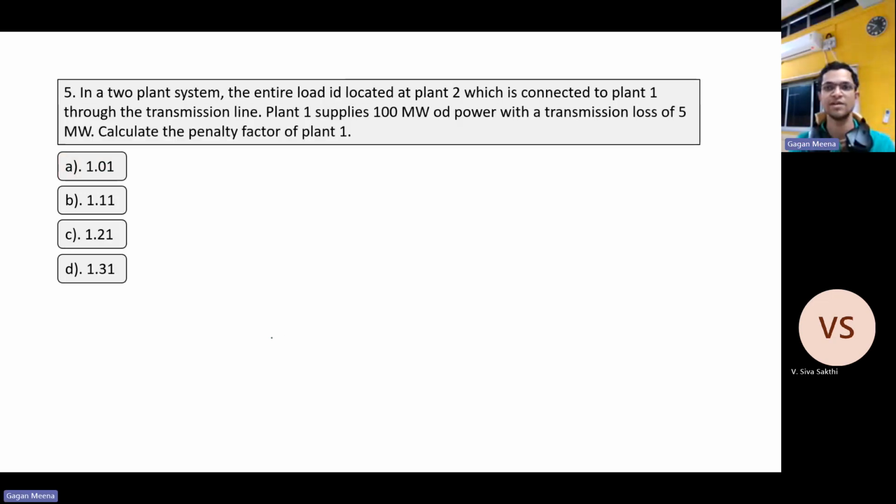Now it's a numerical question. In a two-plant system, the entire load is located at plant 2, which is connected to plant 1 through transmission lines. So it is something like this. This is plant 1, then the transmission line.